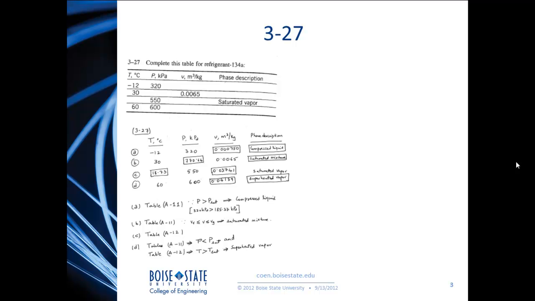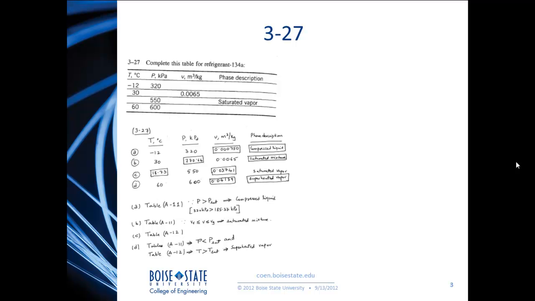Another way to look at the same thing is if you were to go to table A-12 and look at the pressure for 320 kilopascals, you would find the saturation temperature, and you would see that the temperature which you are given, which is minus 12, is less than the Tsat, which would also imply that the phase under consideration is a compressed liquid.